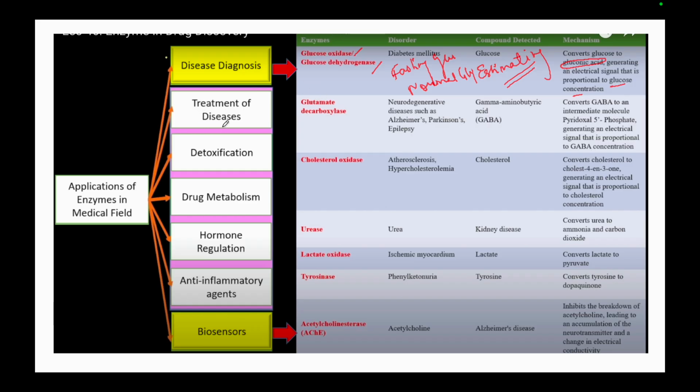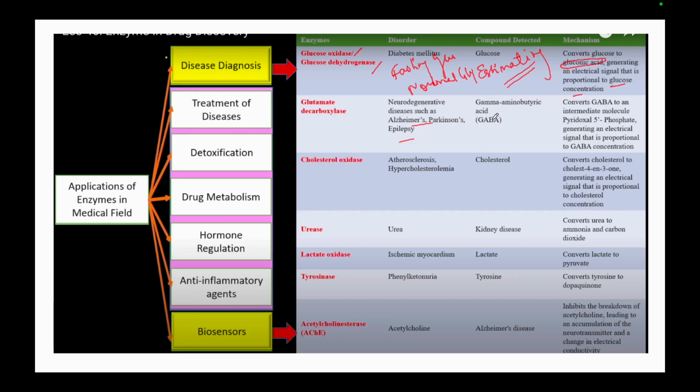Then enzymes can also be used for treatment of different diseases. There are different neurodegenerative diseases like Alzheimer's, Parkinson's and epilepsy. The compound that is detected during these neurodegenerative diseases is GABA, that is gamma aminobutyric acid.